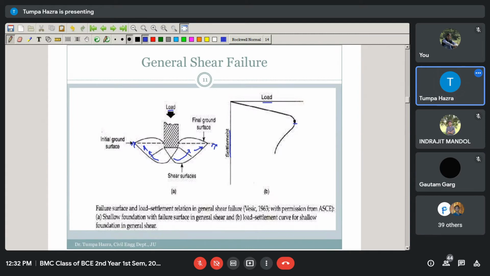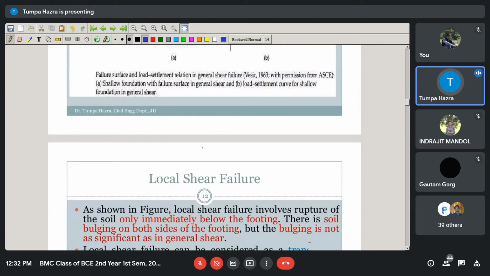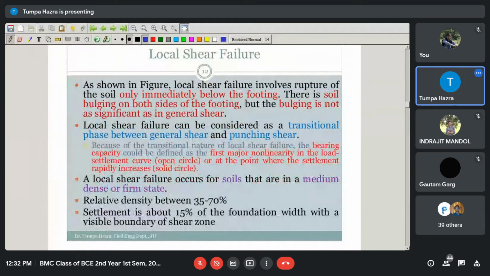Now the second one is known as local shear failure. Local shear failure involves the rupture of the soil only immediately below the footing, and there is also some bulging on both sides of the footing, but that bulging is not as significant as in the general shear failure. This type of failure occurs when the soil is medium dense.